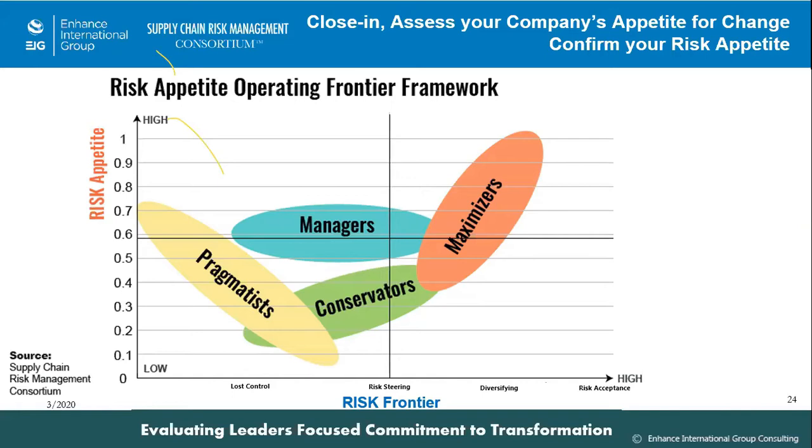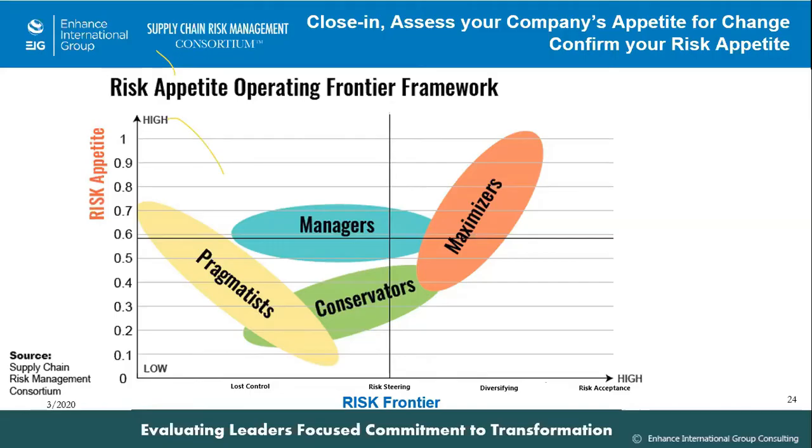On the left-hand side, the y-axis is risk appetite from low to high. On the x-axis is risk frontier, or the strategies that we just talked about. You can see them from left to right: loss control, risk steering, diversifying, and risk acceptance.